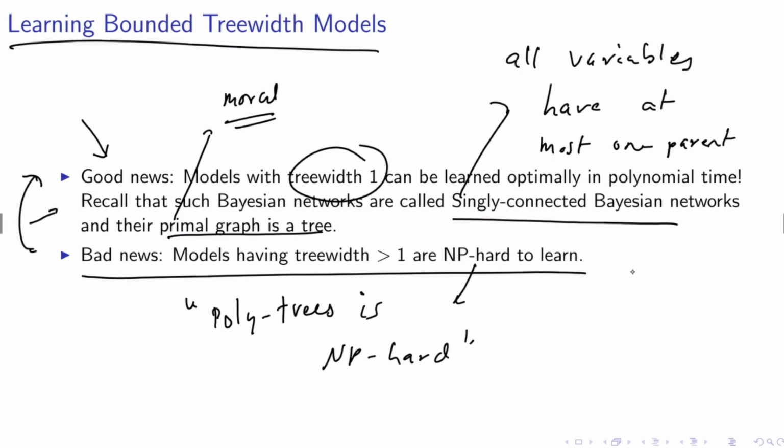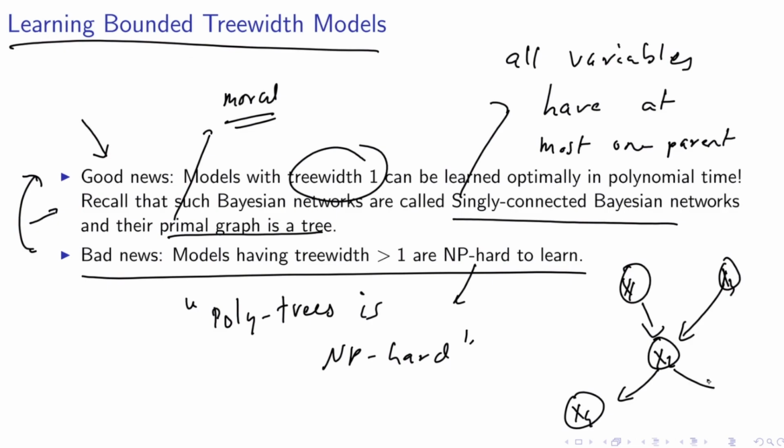So here is an example of a polytree. As you can see, the DAG is a tree, but it's not a singly connected network because x2 has two parents. Okay.